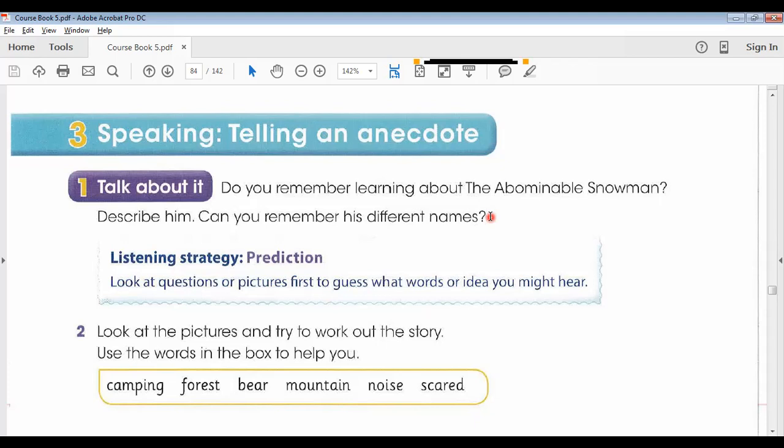It has fur on its body. Then they also told me about the different names like Bigfoot and Yeti, Snowman. So all these are names.